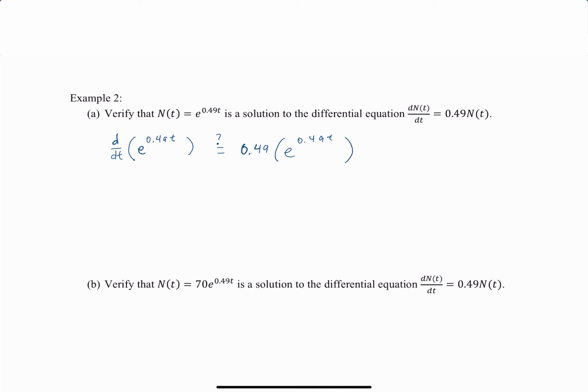So on the left-hand side, using the chain rule, the derivative of our exponential function will be the exponential function times the derivative of the exponent, because the exponent was not just a plain old t variable. So again, I'm still asking myself, is that the same thing as what I have on the right-hand side?